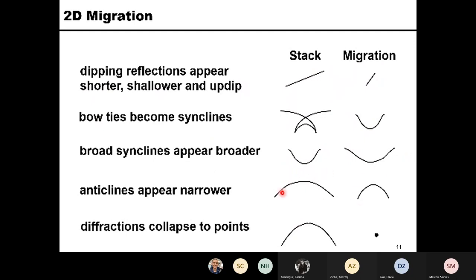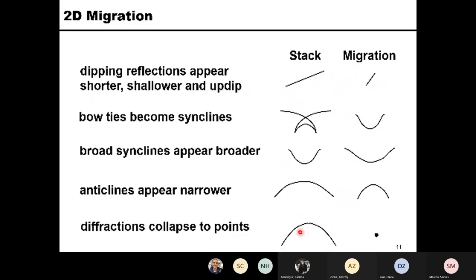Any anticline appearing in your stack section becomes a narrower anticline structure after migration. So this left column is in the data space, right column is in the model space. You always, because you are geophysicists, right? You always think about different domains, different spaces, data space, model space, right? So when you analyze anything, first of all, you should define whether this is in the data space or this is in the model space, okay?